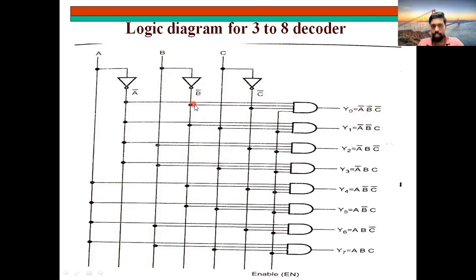So draw a line from A bar, from B bar, from C bar, and apart from these three, you should add one enable so that it will be activated. So y0, y1, y2, y3 till y7. Total 3 inputs and 8 outputs: a 3:8 decoder with enable input. Okay, very important: 2:4 and 3:8.